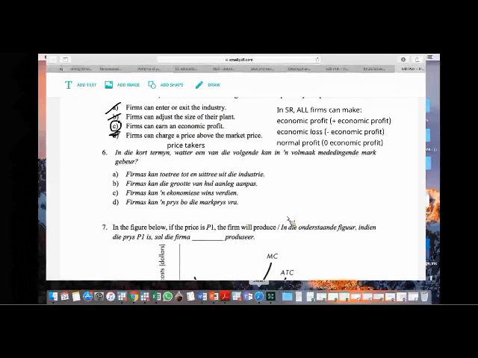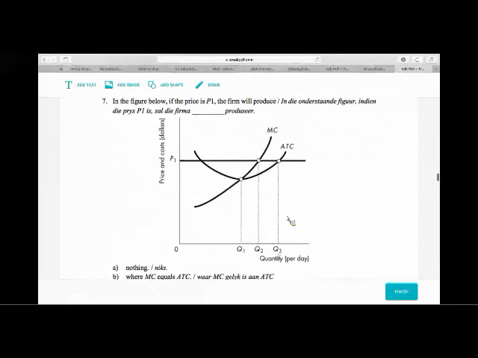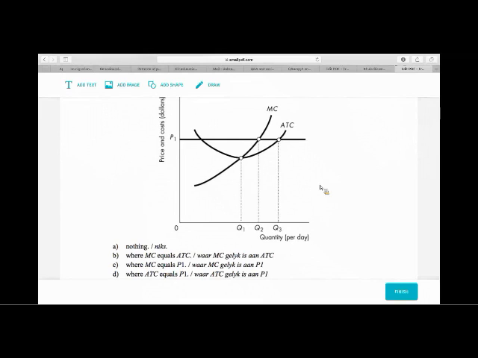So question 7 then shows perfect competition in a graph, and it says in the figure below, if the price is P1, the firm will produce how much? So firms will produce where MR equals MC. So that's the profit maximizing condition.